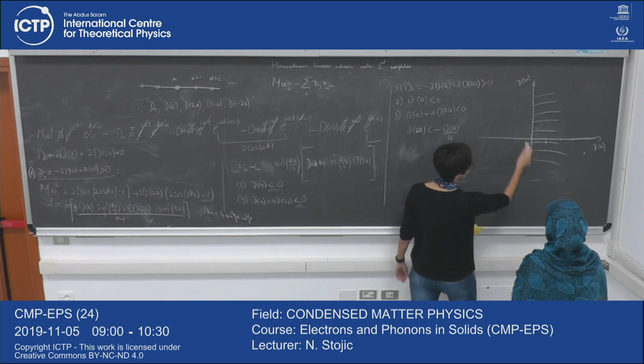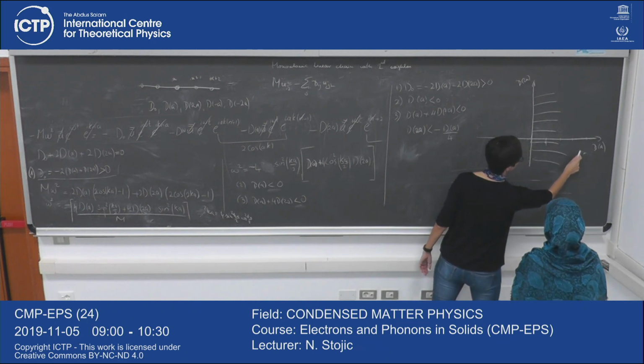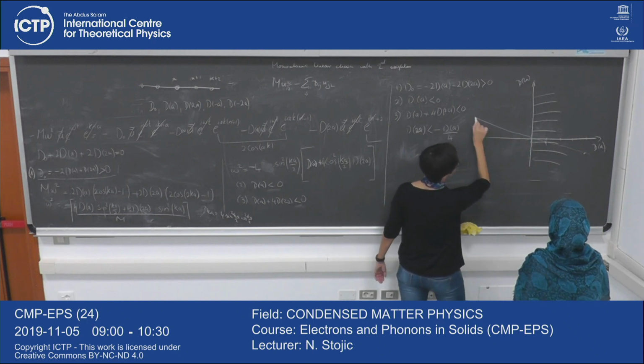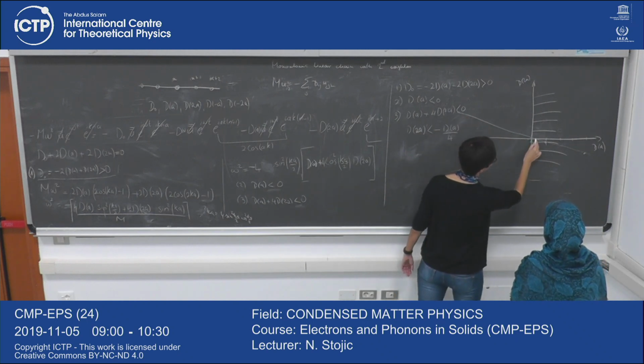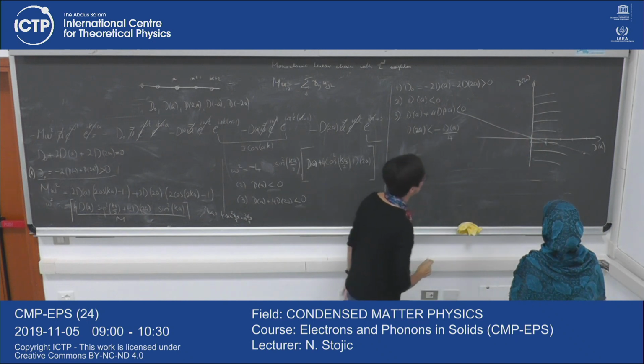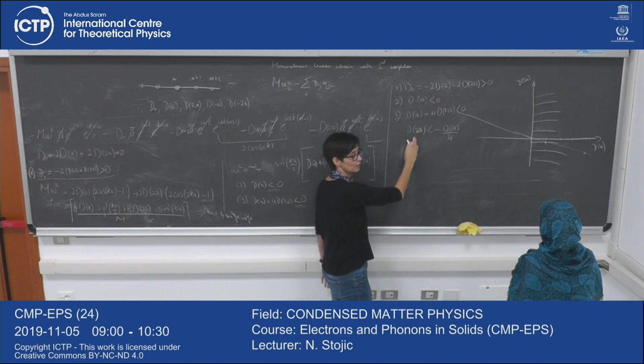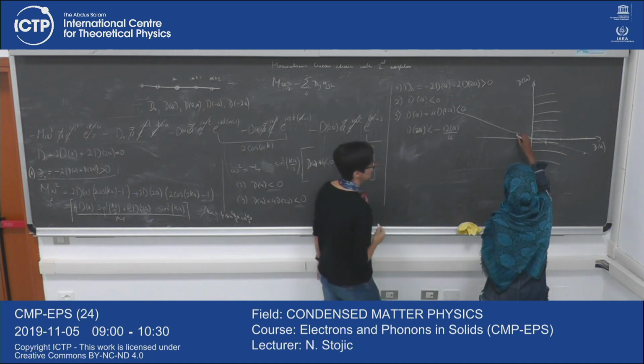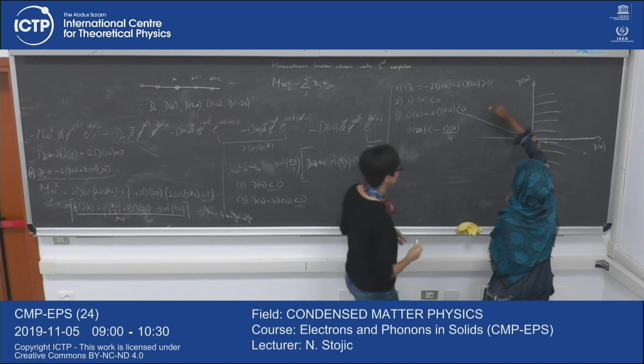Okay, so you can draw a line, which goes roughly through 0. And it has to be smaller than the line. So it should be in this region. So is that good, this one is not allowed? Yes.